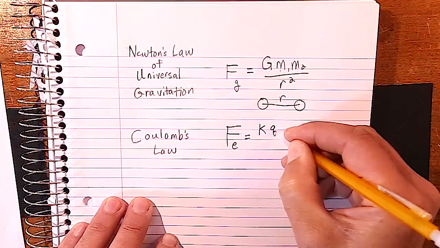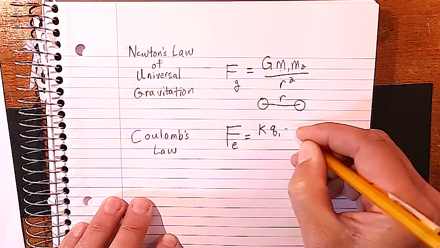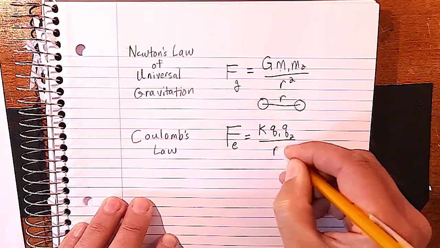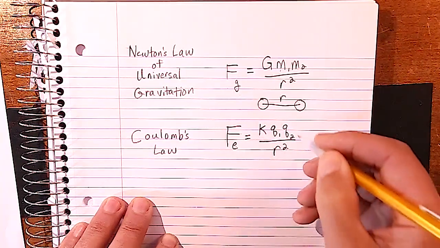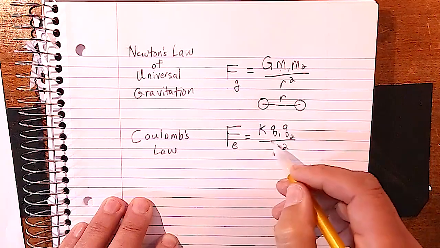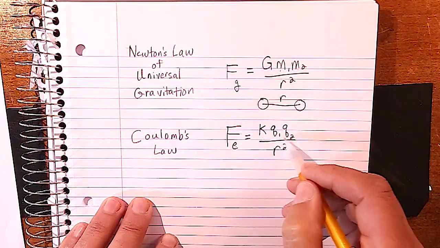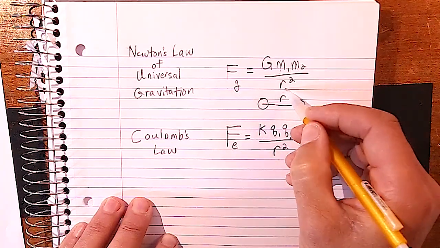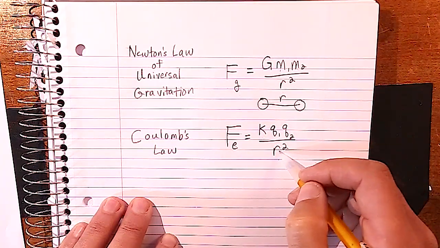So the formula is K, which is a constant, times Q1 times Q2 over R squared. And what this formula says is that there's an electrostatic force between any two charges that are separated by a distance of r. And just like in this formula, r is defined as the distance between centers.